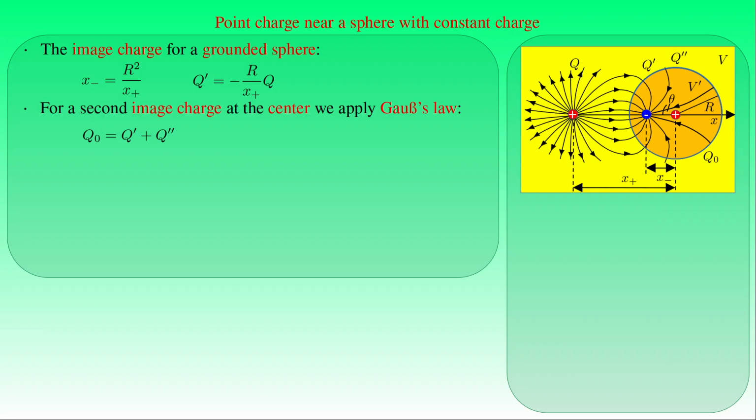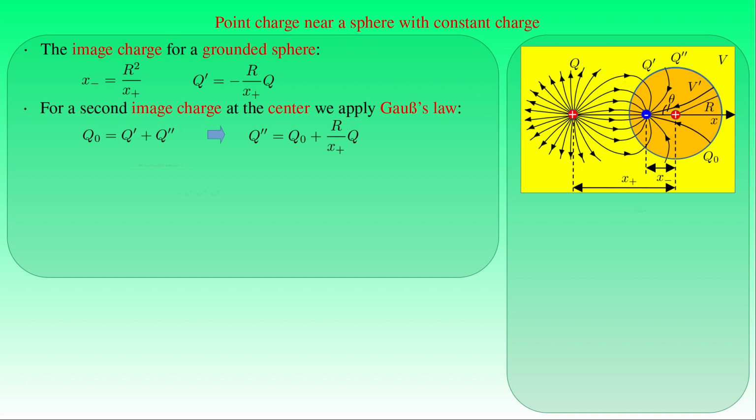If we substitute the result obtained for q' into this sum, we can express the image charge q'' as the surface charge q0 of the sphere, plus the radius R of the sphere over the distance x sub plus, times the charge q. The electric potential due to the 3 point charges is given by the superposition of the Coulomb potentials of the individual charges.